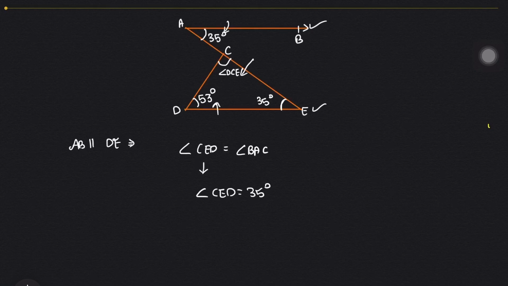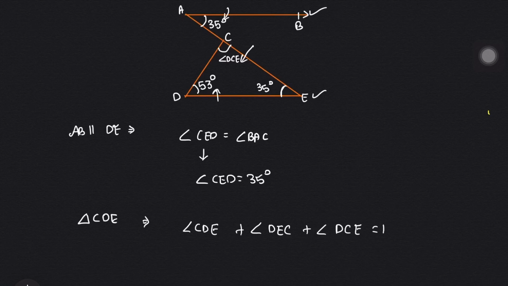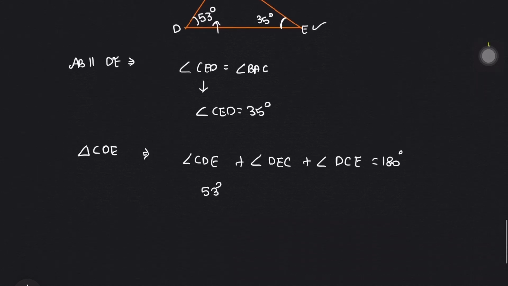Using triangle CDE, the sum of all interior angles is equal to 180 degrees. Angle CDE plus angle DEC plus angle DCE is equal to 180 degrees. Just replacing the values, CDE is equal to 53 degrees and this one is 35 degrees, then adding the angles directly.